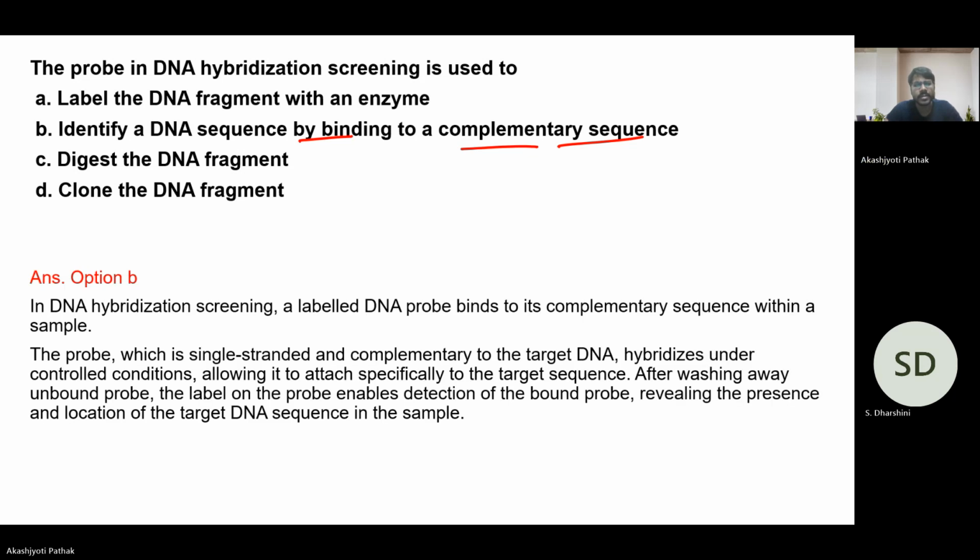This probe is single stranded and it is complementary to the target DNA. Once you add this probe, it will hybridize to your single stranded DNA. You created the single stranded DNA by treating with alkali, heating it at 80 degrees Celsius. I mentioned all the steps, so you go through those. So the answer is option B.